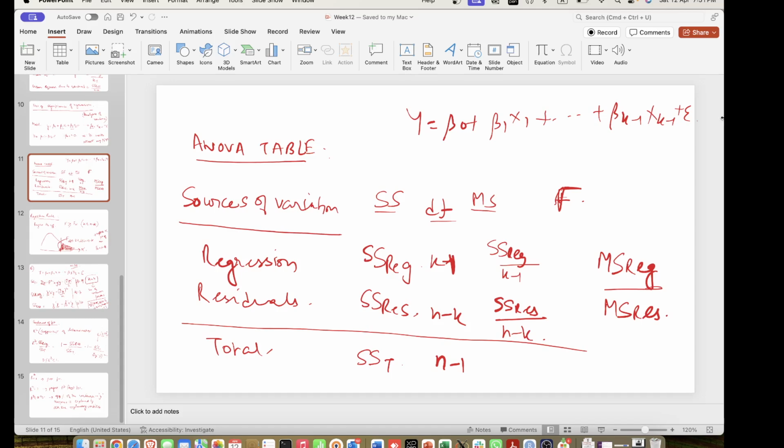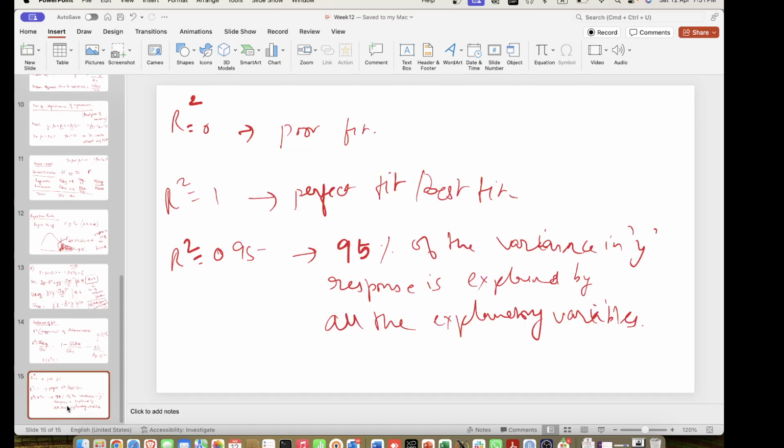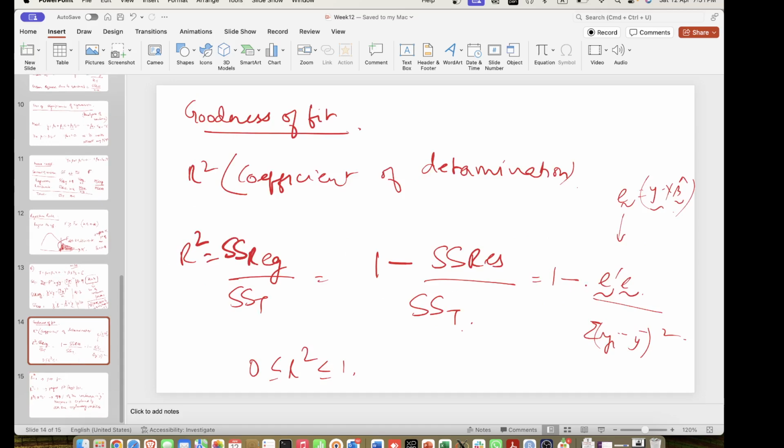Okay, so this was about the goodness of fit criteria, but this is actually not the best metric to assess goodness of fit, mainly because of its involvement of this term E transpose E. E transpose E is nothing but the sum of squares of the residuals.